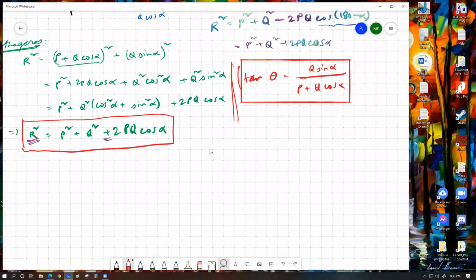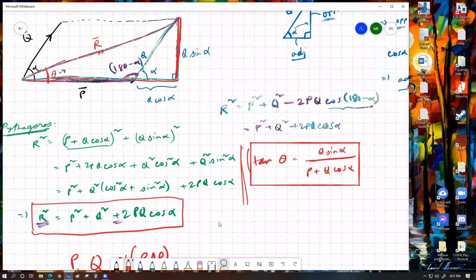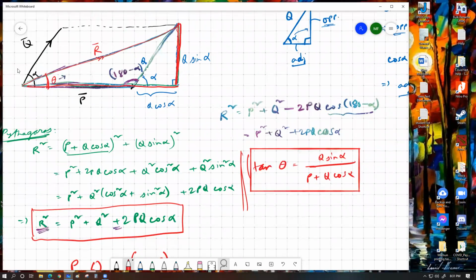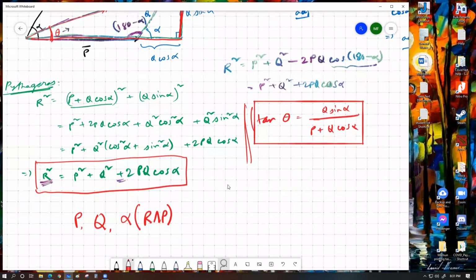The idea is that if we are provided three pieces of information, let's say the information of P, how big is P, the information of Q, how big is Q, and we are also provided the angle alpha. Alpha is the angle between the P and Q vectors. So they are working with this much angle.